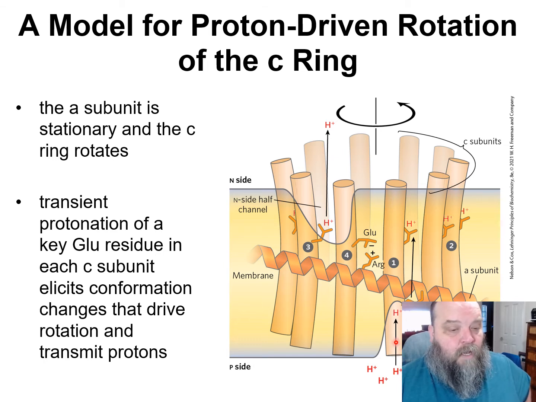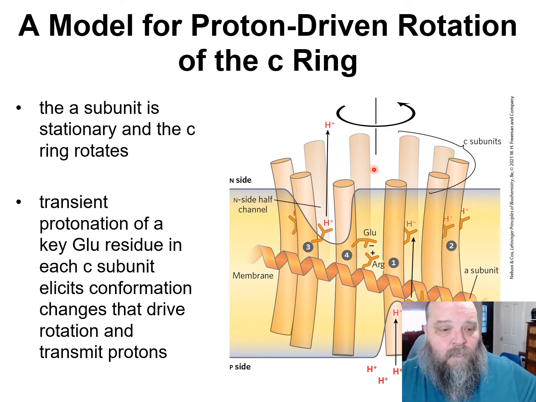So you have the hydrogens flowing up and in, and then this one, because it's now protonated, will move. The next one comes into place, flows in, and then moves. As they get to a certain place, they interact with other proteins, and then that hydrogen will be released. So this moves, causing the gamma subunit of F1 that's interacting with this to also start to rotate.